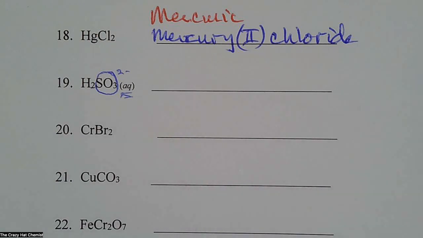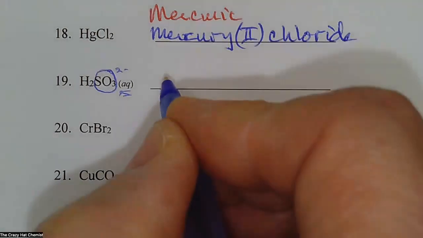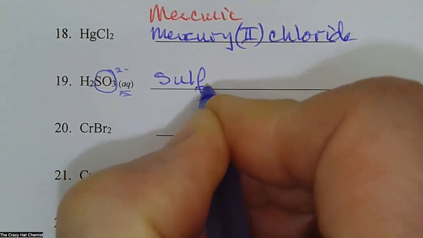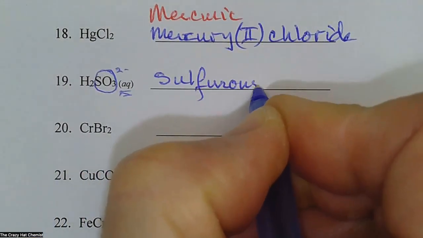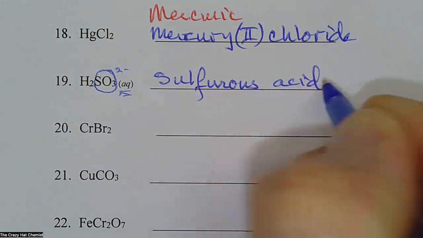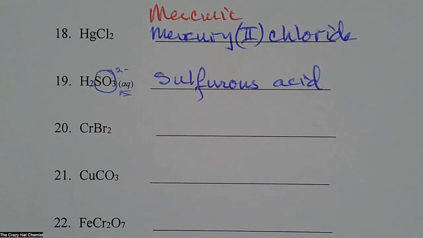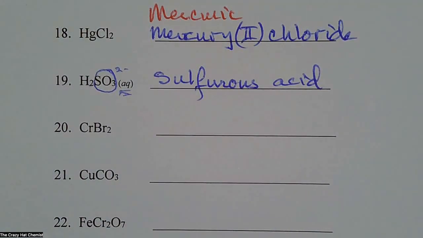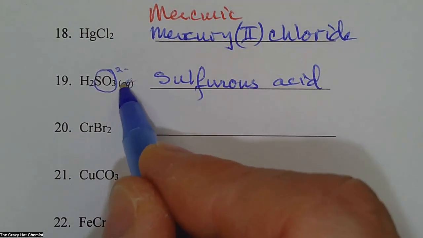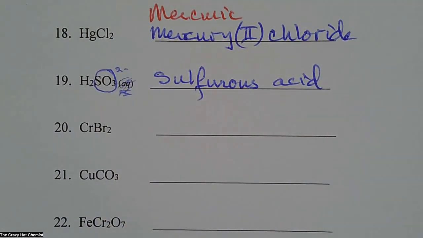So this is going to be sulfurous acid. That AQ helps in distinguishing that that is most certainly an acid, at least at this point in time on nomenclature. Don't think that all things that have AQ are acids. That is certainly not true.